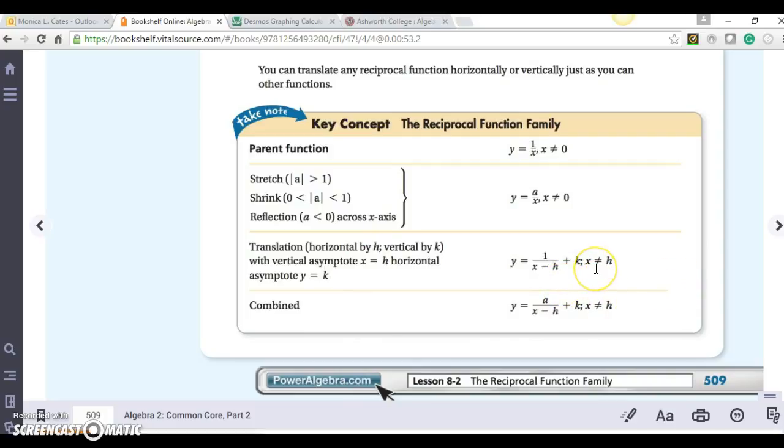And we have to also remember that x cannot equal h. So, combined, my a can still make it stretch, shrink, reflect, and I can still translate.